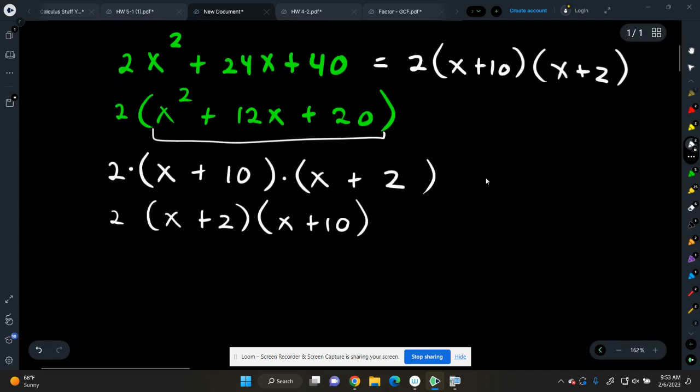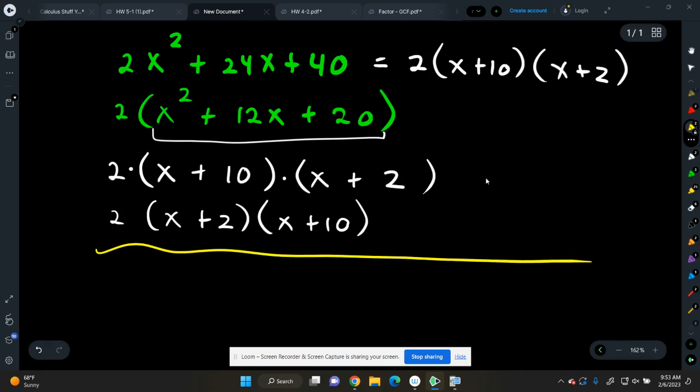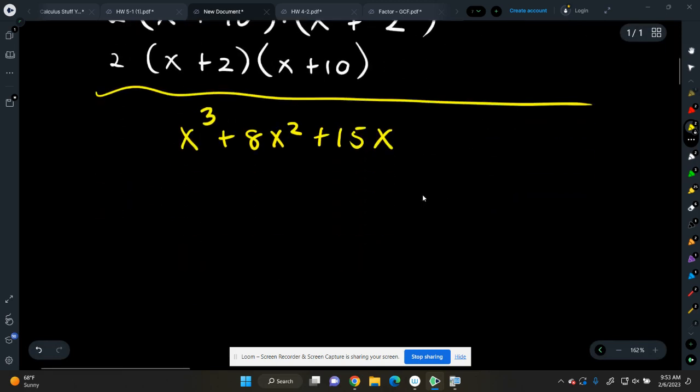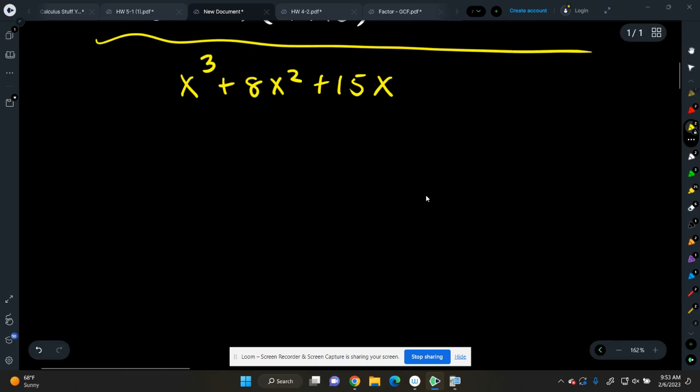All right, let's do another one. Let's do x to the third plus 8x squared plus 15x. Notice there's no equal sign, right? There's nothing to solve.